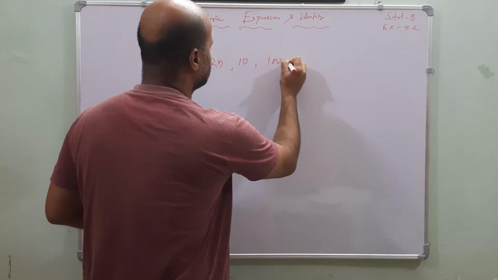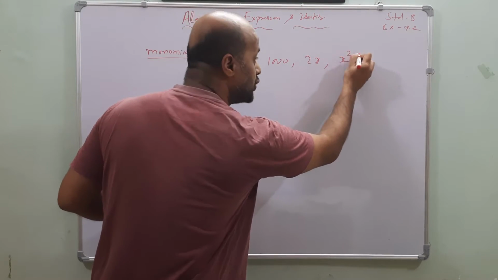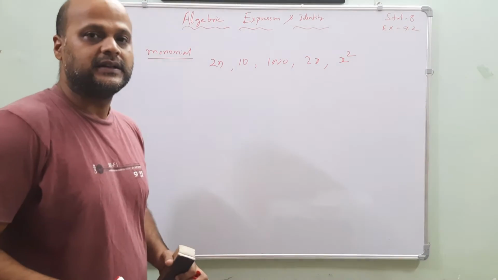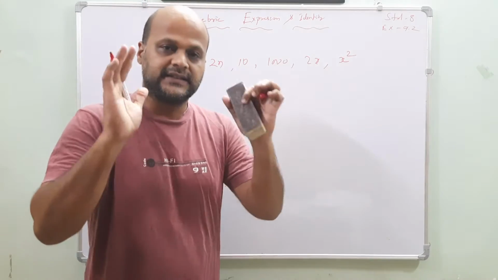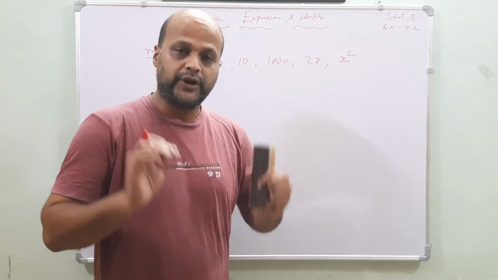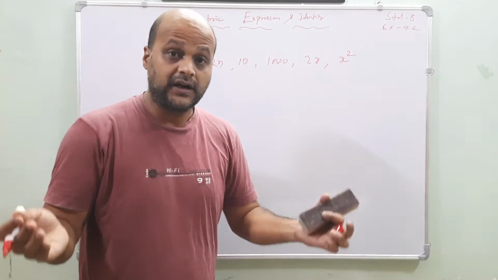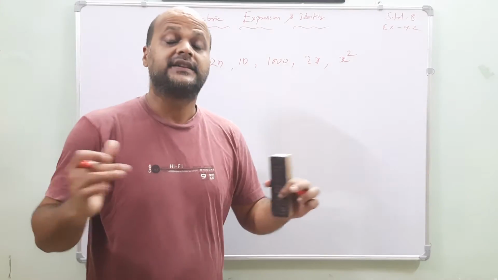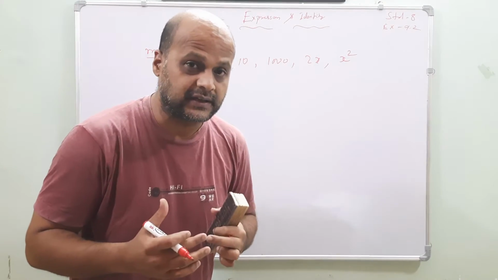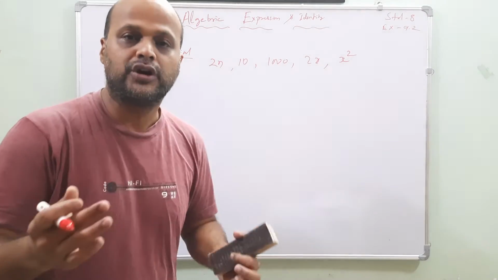It may be 1000, it may be 2x, it may be x square, like this. That means there must be a single expression. So today we will discuss what result we get if two monomials are multiplied with each other. Okay, first understand the funda, then we will go to your exercise.